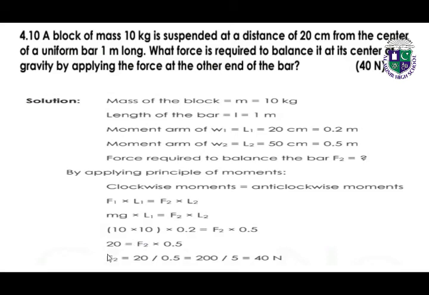So we take it on the other side of the equal sign. Now 20 divided by 0.5, the answer will be 40 Newton. If we remove the decimal point, we get 200 over 5 and the answer is 40 Newton.